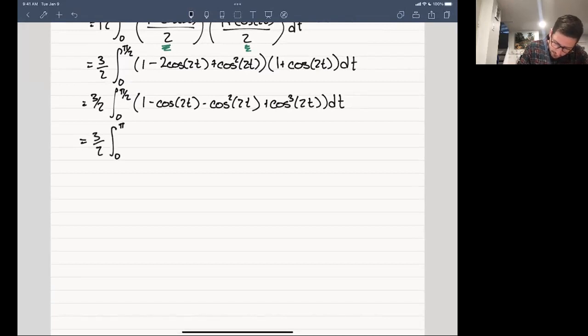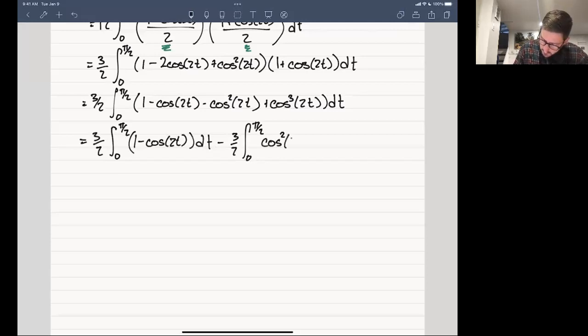So the first one, 1 minus cos of 2t, that one can be just integrated straight up. And then 3 over 2, the integral from 0 to pi over 2 of, sorry, there's a minus out front on this thing, cos squared of 2t dt, and then the integral from 0 to pi over 2 of cos cubed of 2t dt.